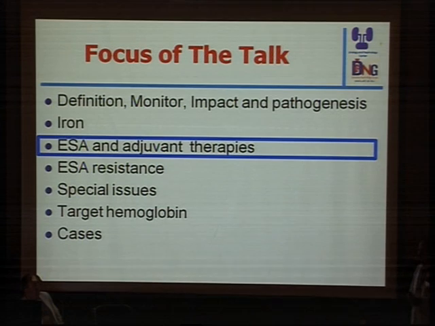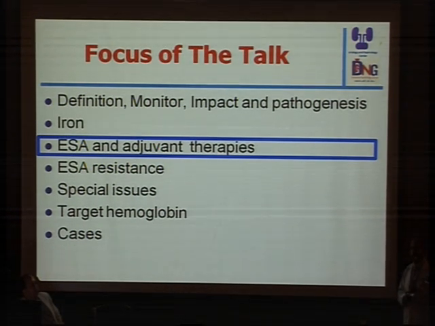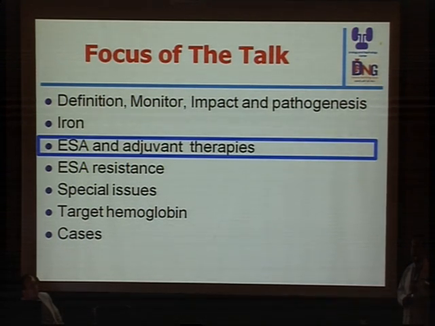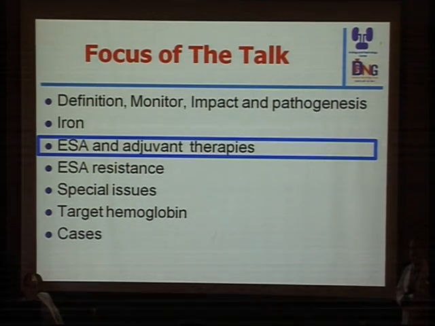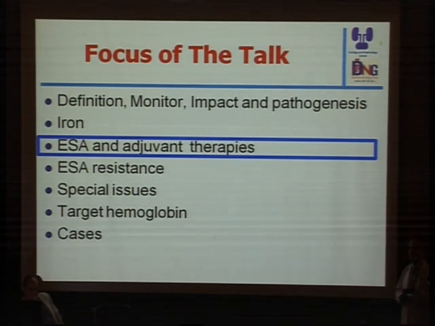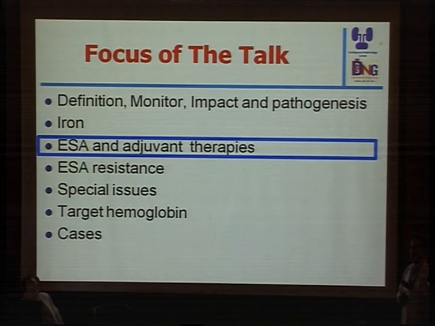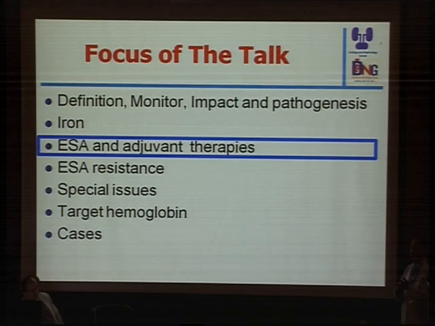Again, we have a cut-off point of hemoglobin. Below it, we diagnose anemia according to age, gender, and whatever classification you like. Then we should think of the factors that may lead to anemia, and we should treat anemia. And treatment of anemia depends upon what we have: iron, ESA therapy, blood transfusion.